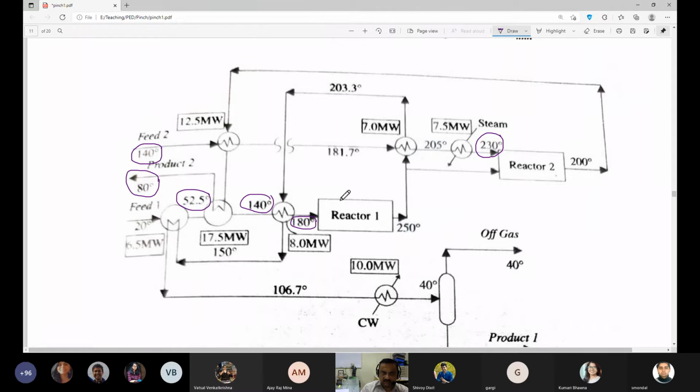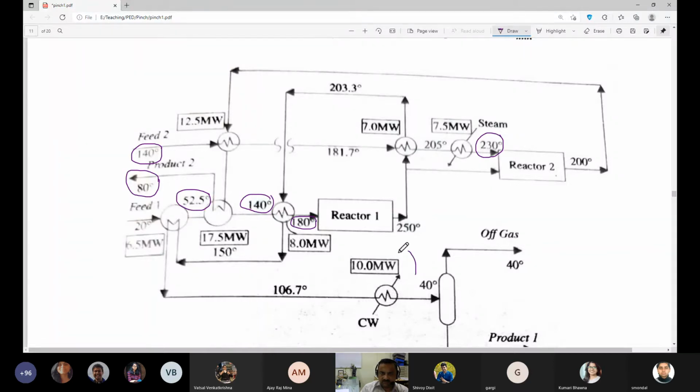And this heating is done by these streams here. One stream is providing heat; it is available at 150 degrees and cools down to 106. Then this 106 has to be reduced to 40, which is not possible with the process fluid.